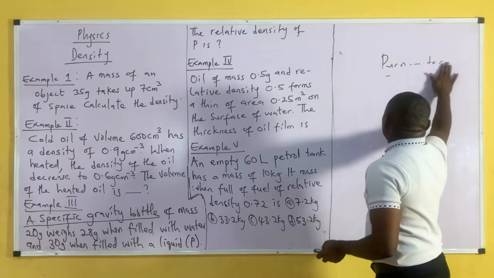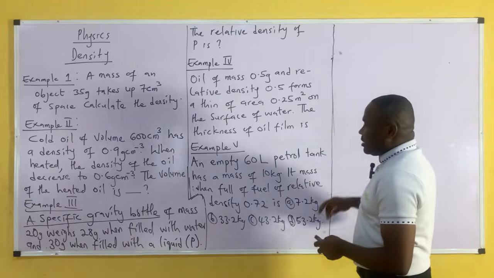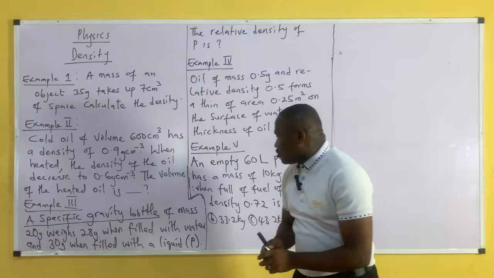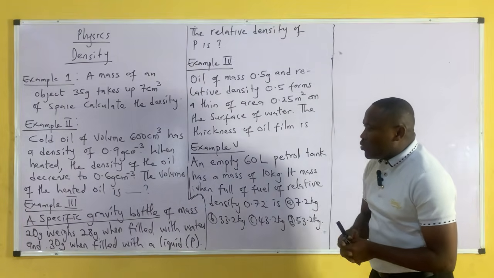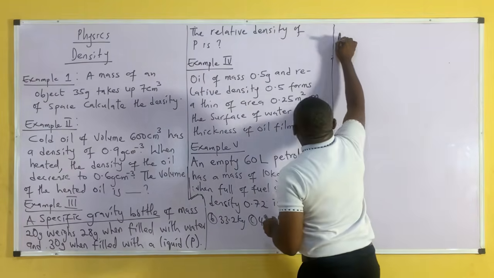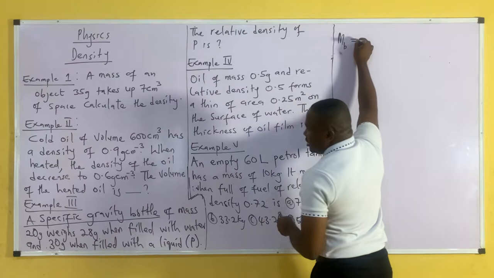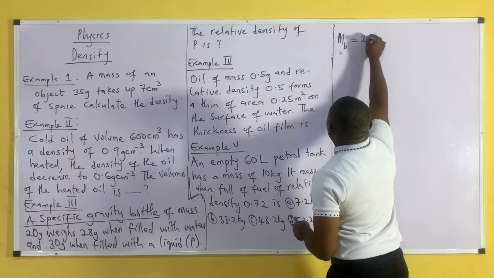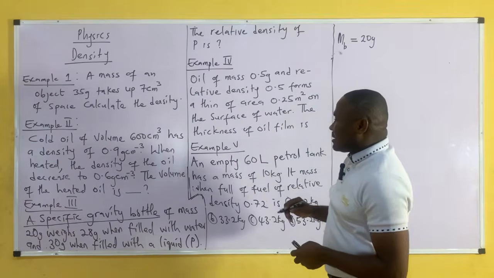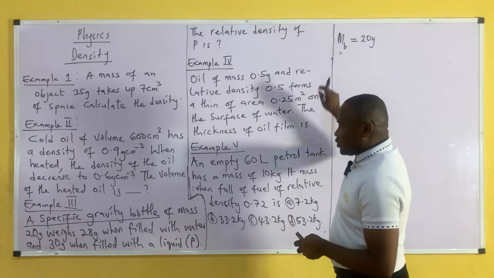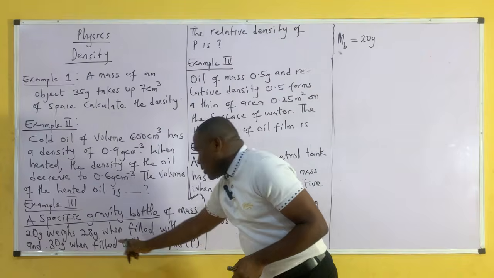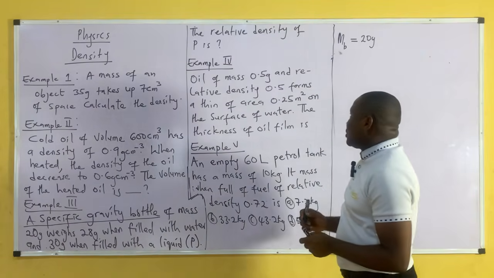So let's see the question now. The question says that a relative density bottle of mass 20 grams weighs, so mass of bottle is equal to 20 grams. That's when the bottle is empty. Then it weighs 28 grams when filled with water.